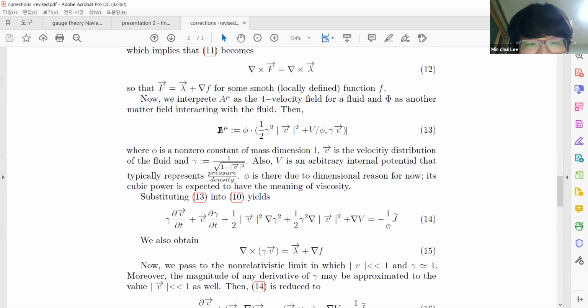So we interpret A mu as the velocity field, and this capital V is just some internal potential, such as the pressure of the fluid, and so on.